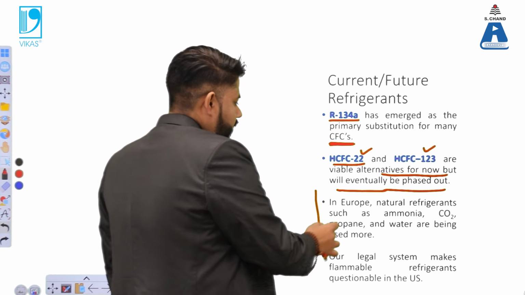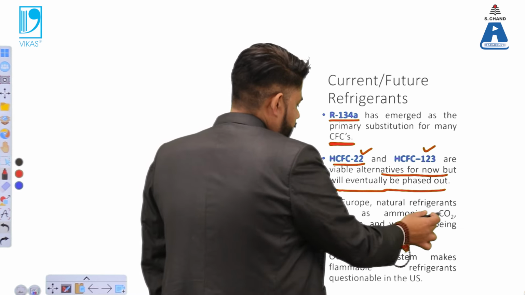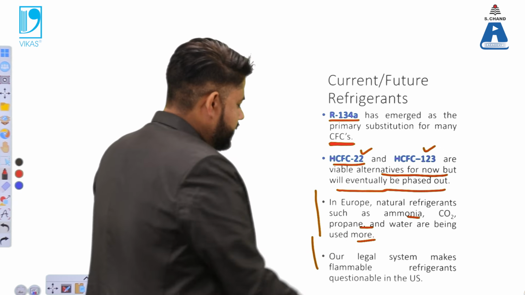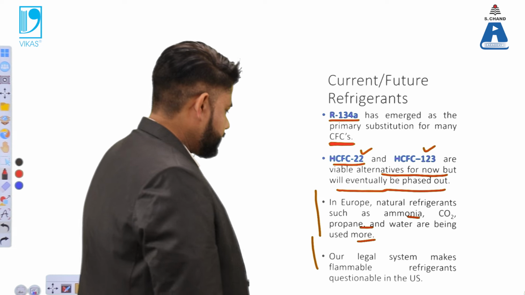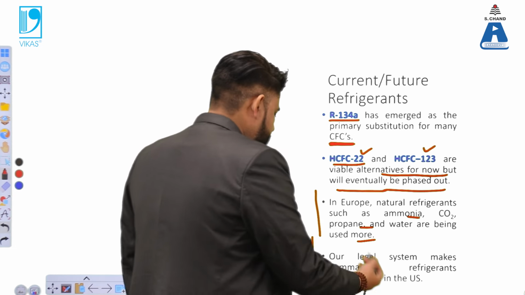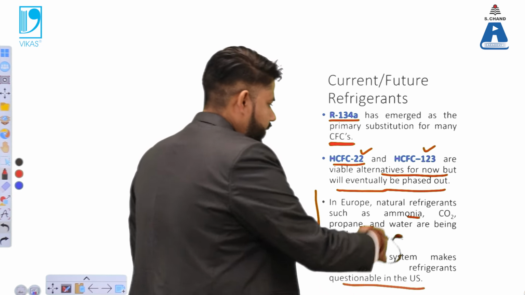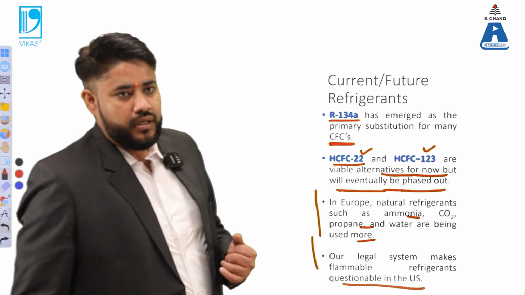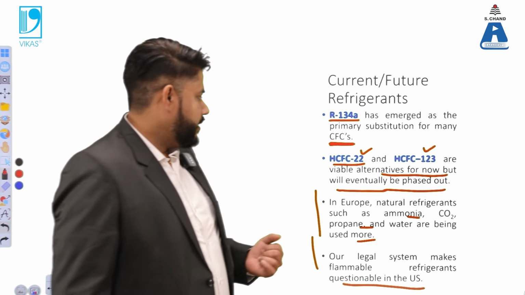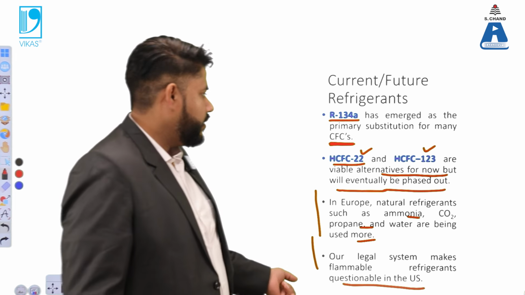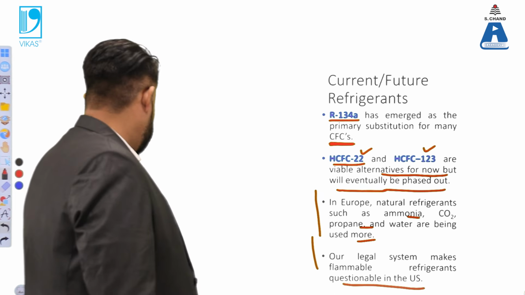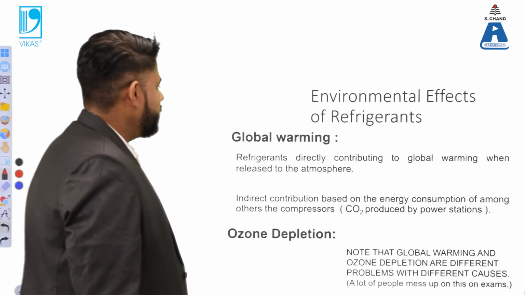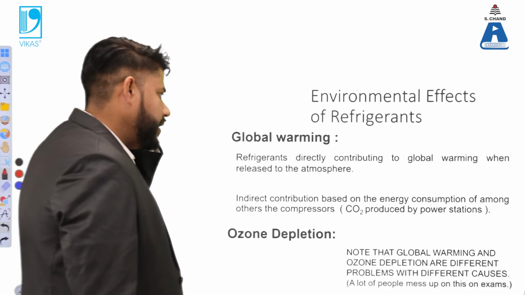In Europe, natural refrigerants such as ammonia, carbon dioxide or propane are being used more, and their legal system allows flammable refrigerants, but these are questionable or objectionable as far as the US government is concerned. There are certain environmental effects of refrigerants, so we will be discussing that.